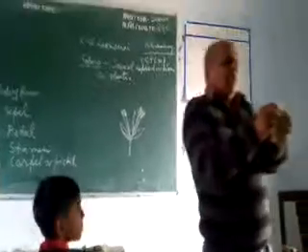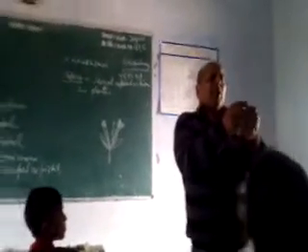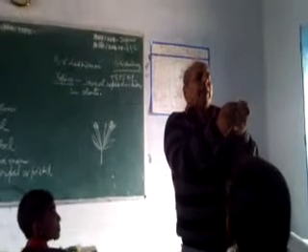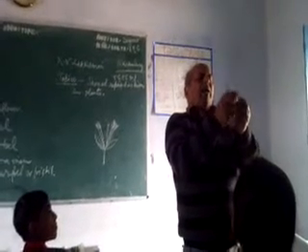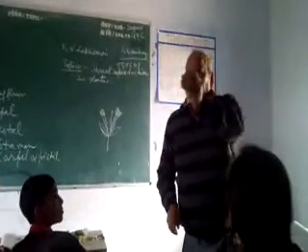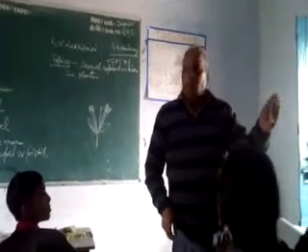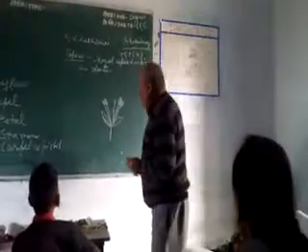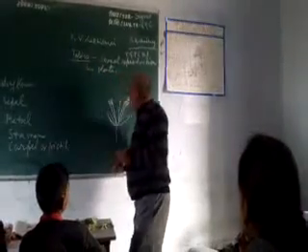And you will see the central part. Here we remove this stamen, and we see only the middle part. This is the central portion, and this is called the female part of the flower, and this is known as carpel or pistil.